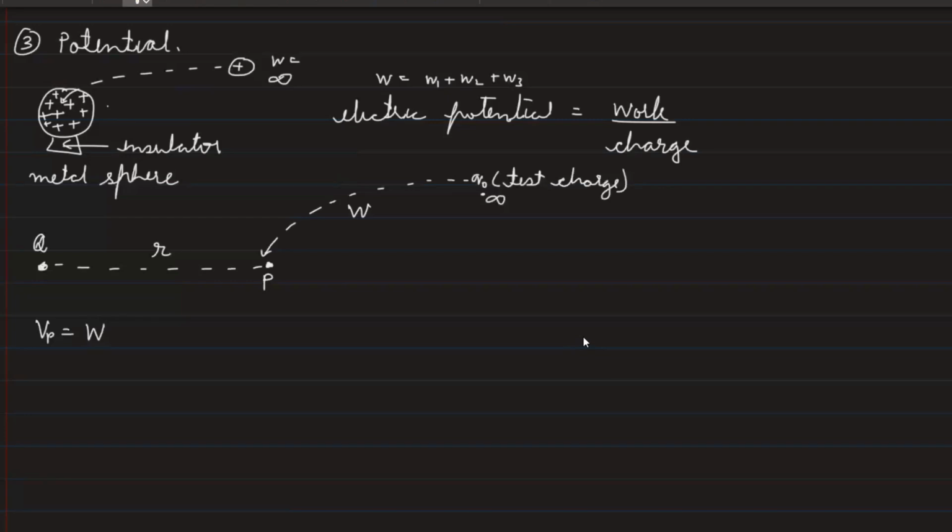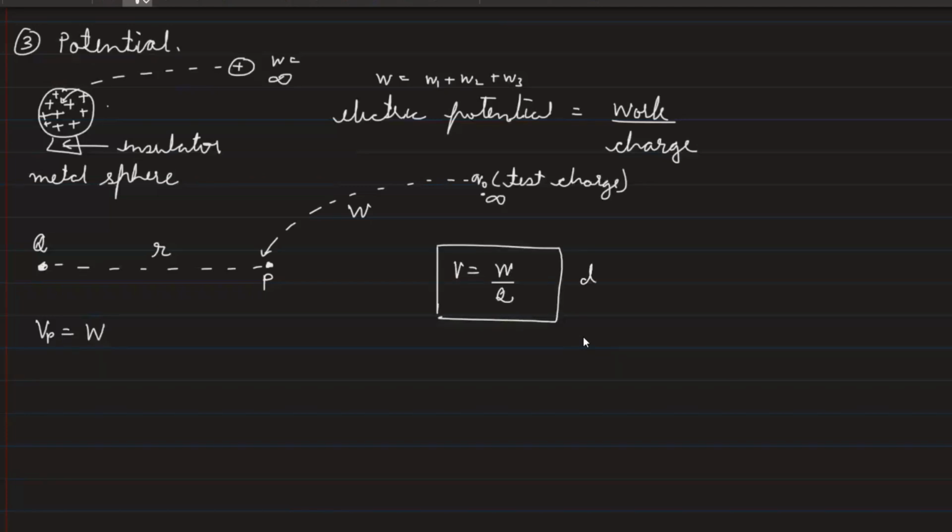So that is also how you interpret the definition of potential. Potential at a point is the work done to bring a unit test charge from infinity to that particular point. So we will write potential as work done upon charge.